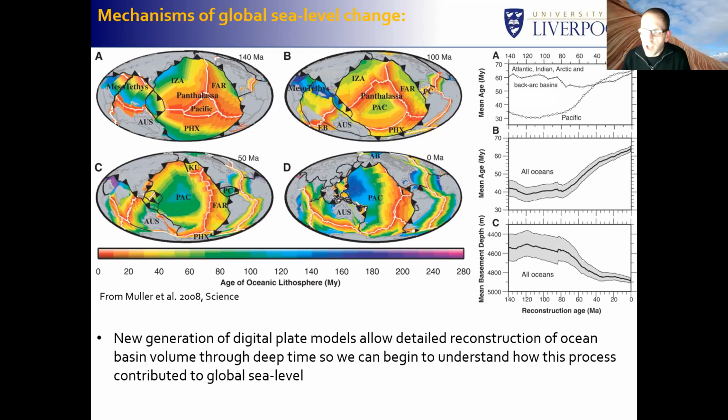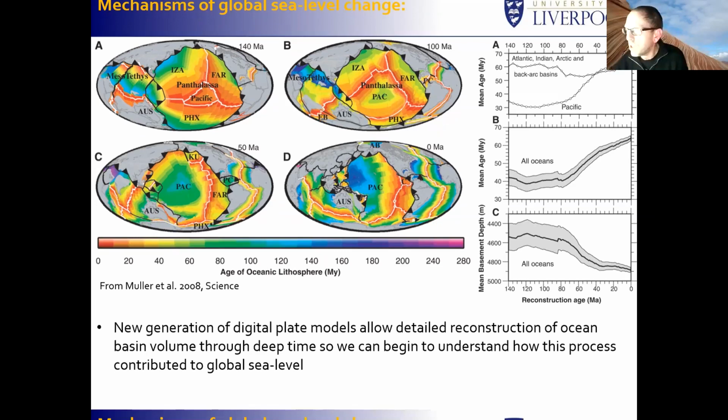So we're starting to understand this a lot better. We've known that this happened for a long time, but with these digital plate models, we can really begin to explore the consequences of different scenarios for spreading evolution and understand what impact that would have on ocean basin volume and eustasy.